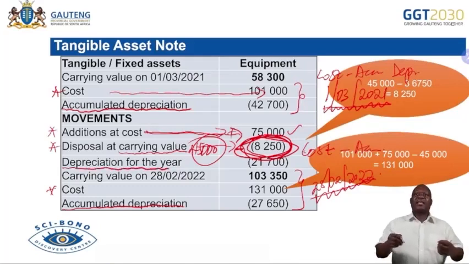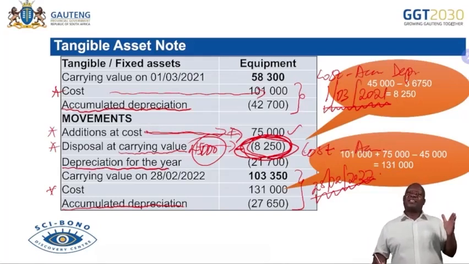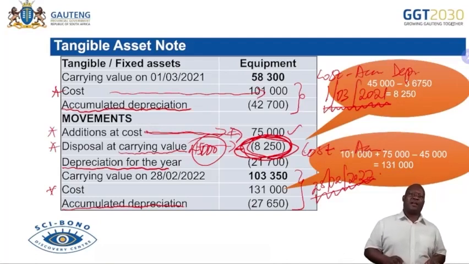Remember, accumulated depreciation is always increased by depreciation. That's the relationship. Whenever we depreciate any asset some more, it increases our accumulated depreciation. So the relationship is that accumulated depreciation at start plus depreciation. But remember what I said about disposal.